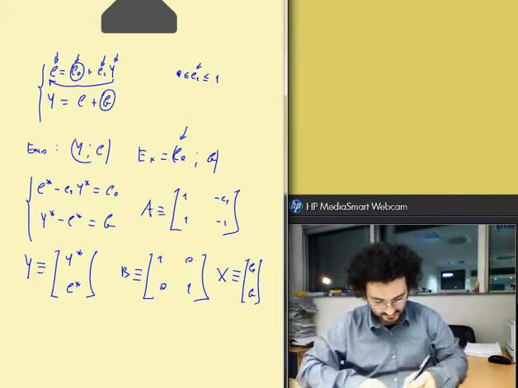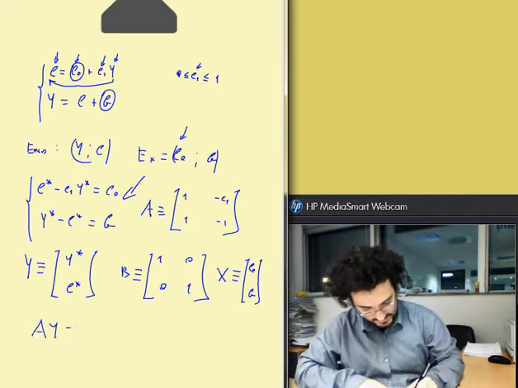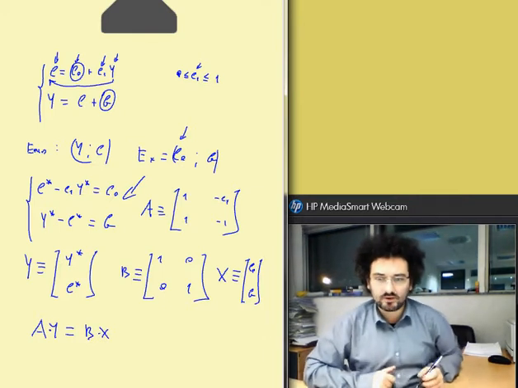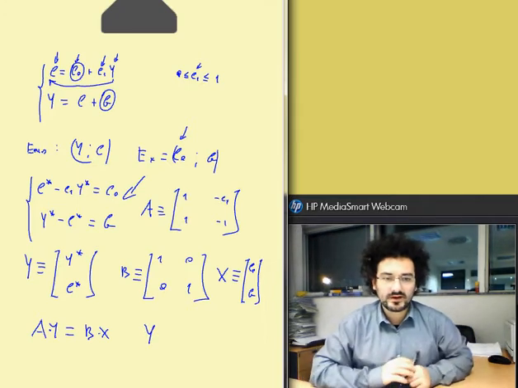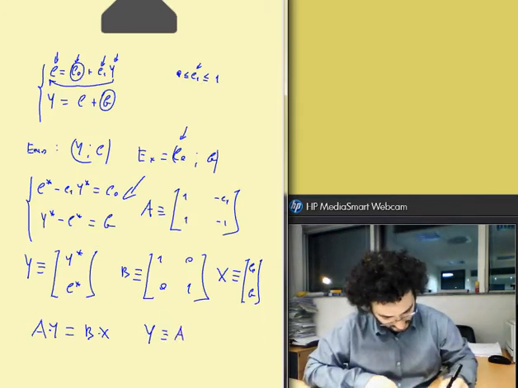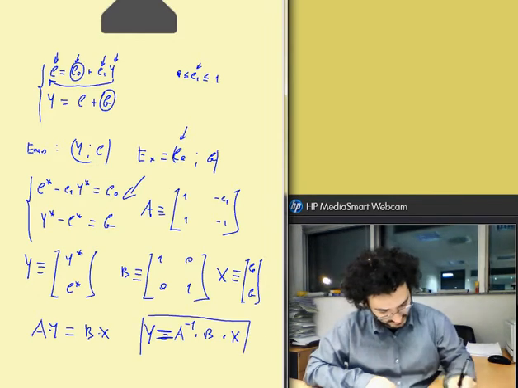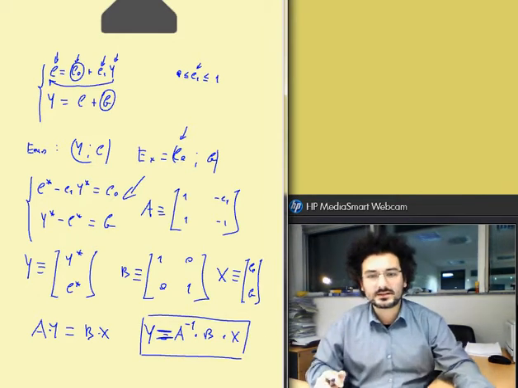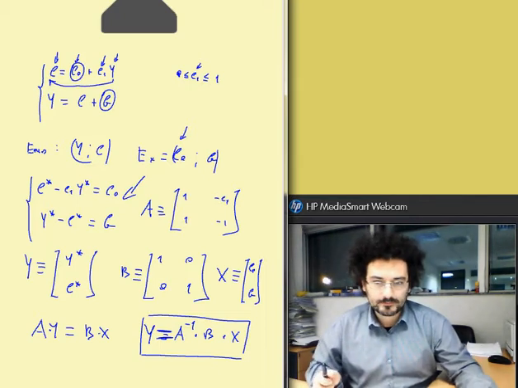In this way we can write this system as AY equal to Bx in matrix form, in a more compact form, and we can find the solution Y for our vector of endogenous variables as the inverse of matrix A times B times X. So we need to compute the inverse of matrix A, or the matrix of coefficients for endogenous variables.